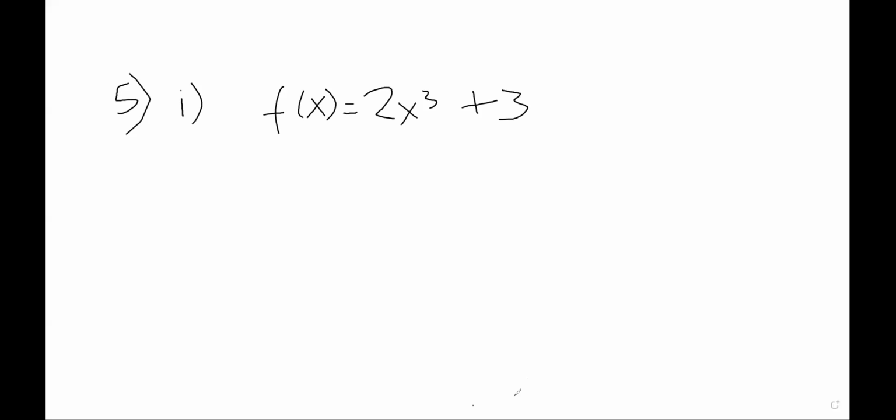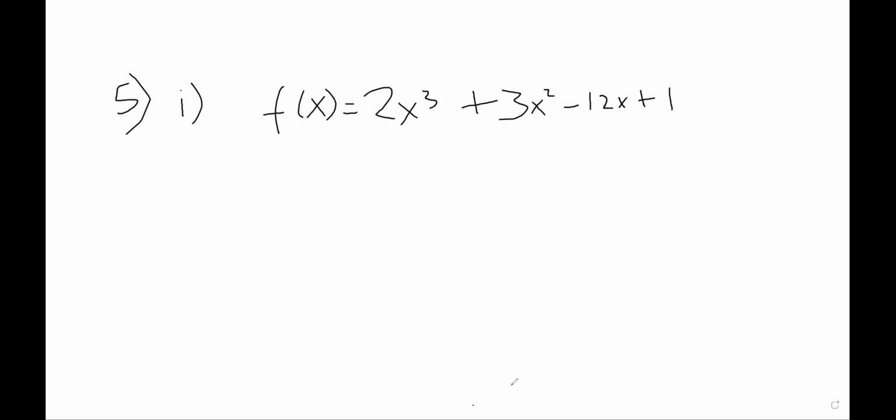Question 5, part 1: the function f of x is equal to 2x cubed plus 3x squared minus 12x plus 1.